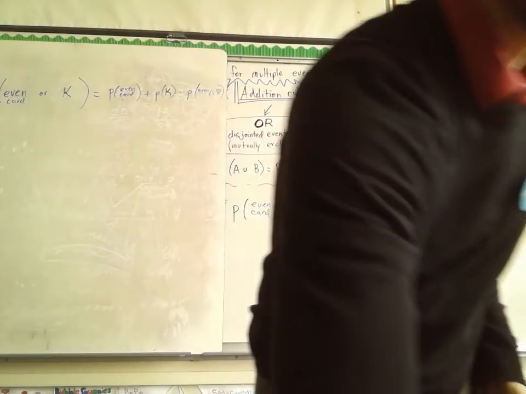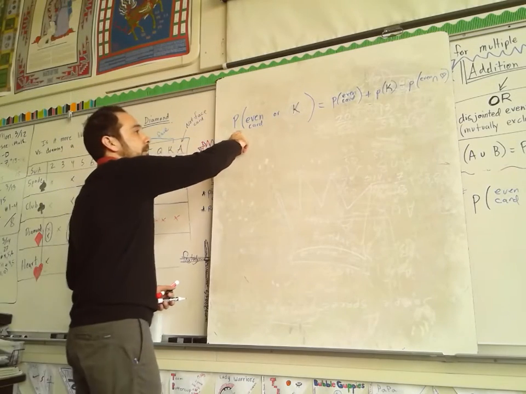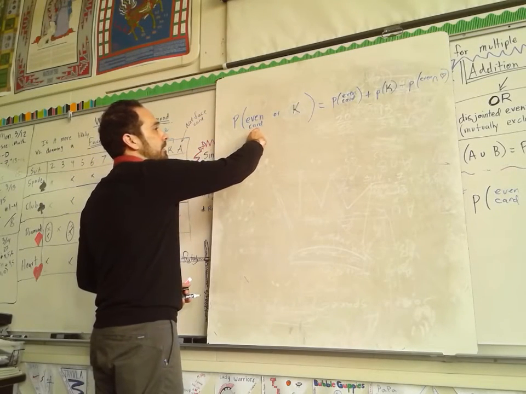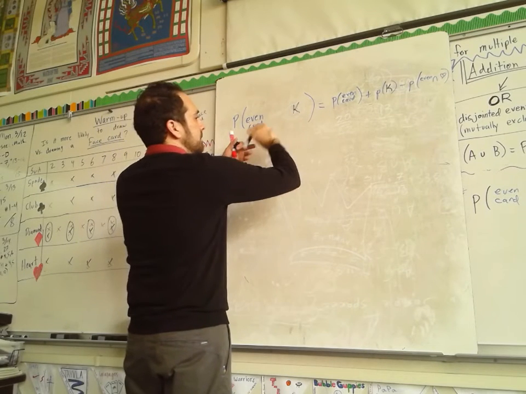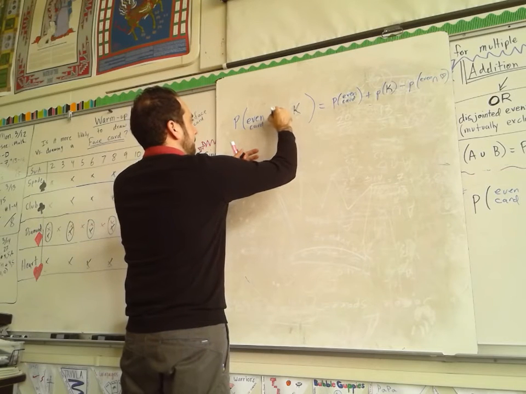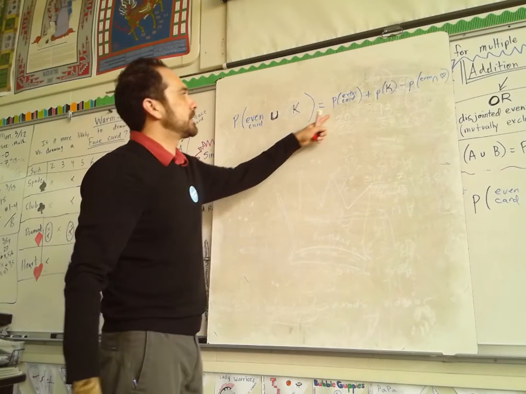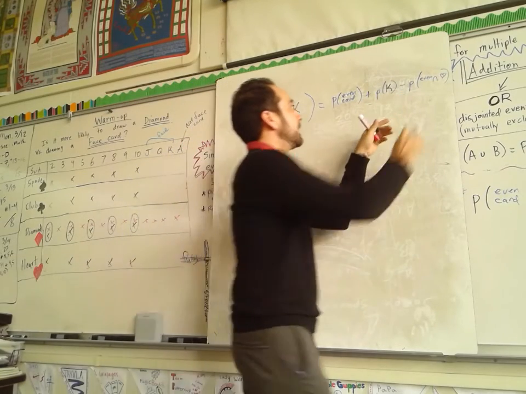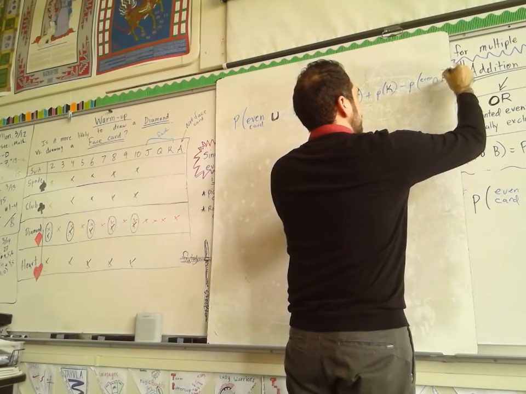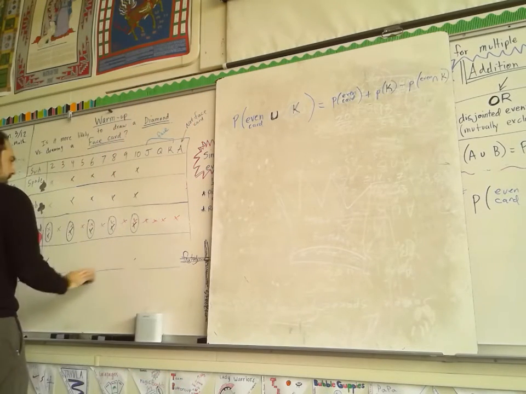So let's say that we have the option where we're looking for the probability of an even card or a king, and I'm going to rewrite this union. Okay, so the probability of both of those together is equal to the even card probability plus the probability of the king, minus any intersections from the king and the even card. So let's go back over here. Actually, we'll keep all the evens because we did that already.